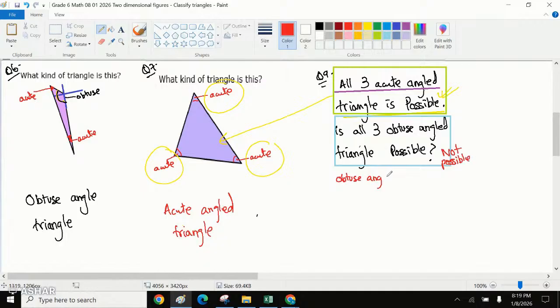Let's see why. Obtuse angle is greater than 90 degrees, right? So let's suppose if we consider 95 degrees for each angle, right?